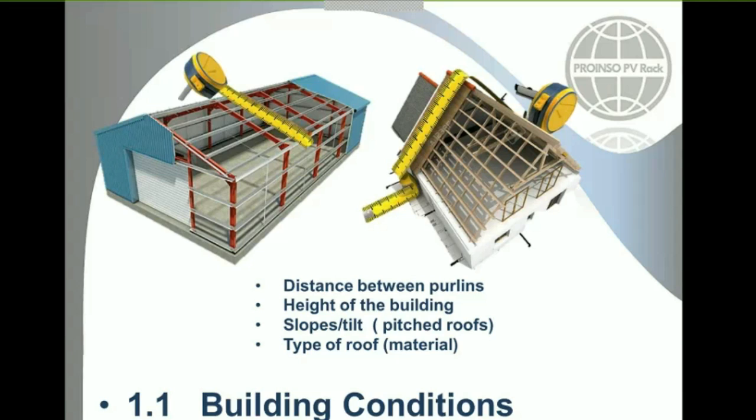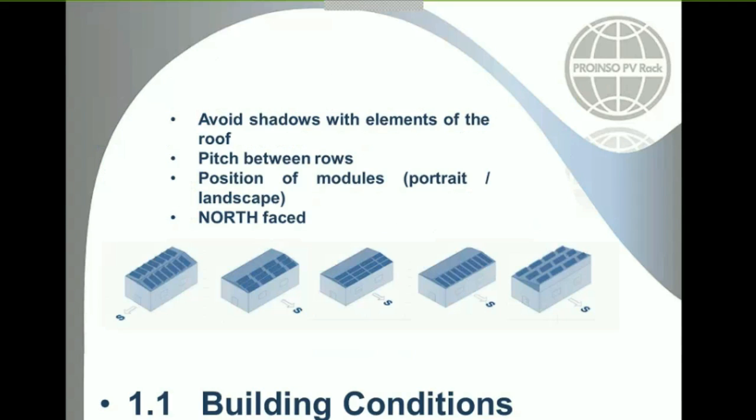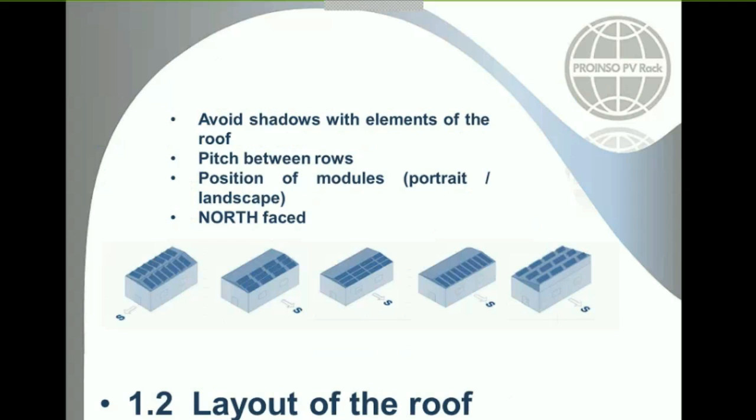The height of the building is directly linked to the wind loads that we will have, and related to the wind loads are the slopes or the tilt that our roof is going to have. The last point is the type of roof that we have. That depends on the material of our roof. Obviously, our fixings are going to be different.